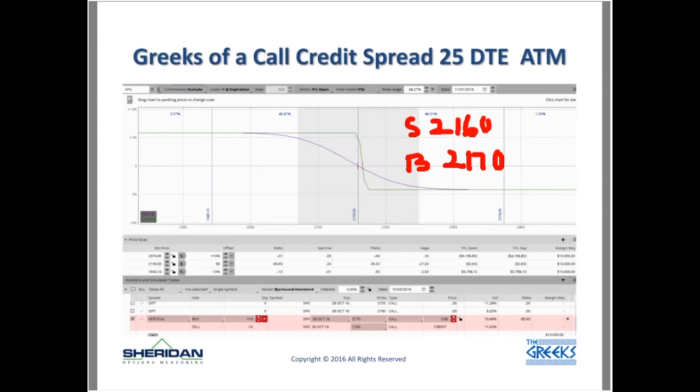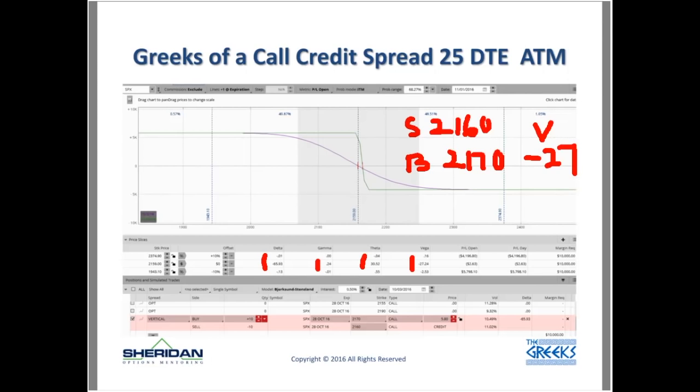If you look at the Greeks, we're 65 delta short on the position. We're short a little gamma. We're positive theta because the options we're selling are going to decay quicker than the ones we're buying. There's more time premium. And your vega is short 27.